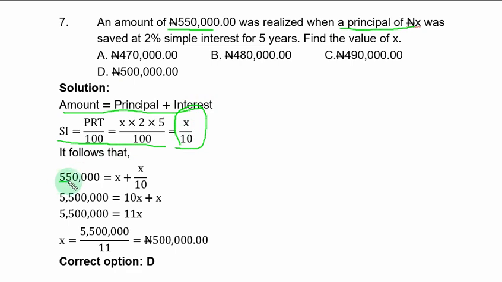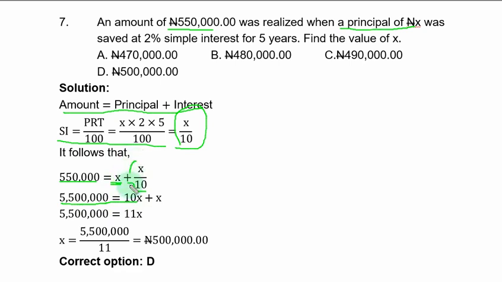Amount is 550,000 equal to principal S plus interest S over 10. Multiply through by 10 to clear fractions. You have 5,500,000 equal to 10S plus S. That is 10 times S here.